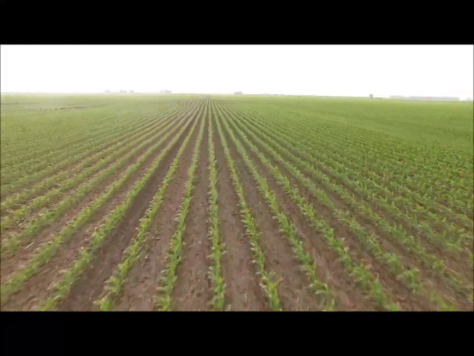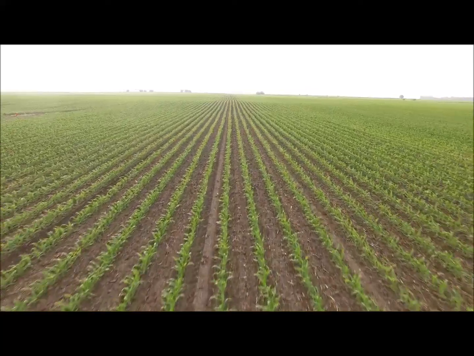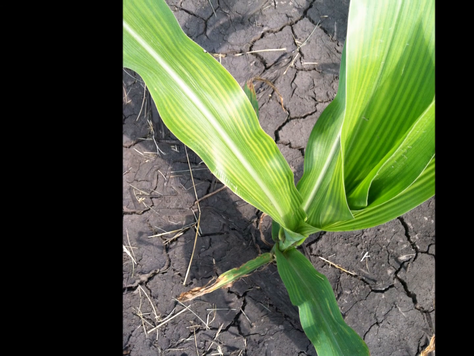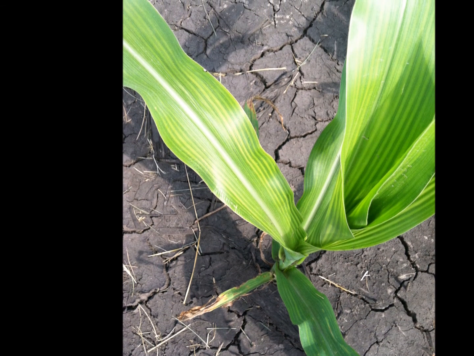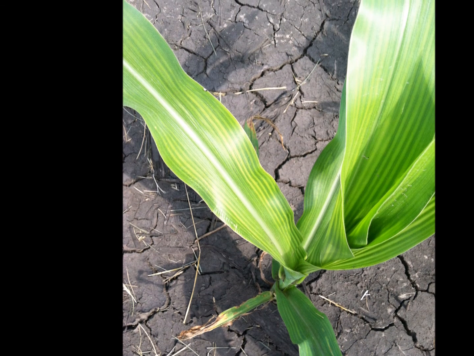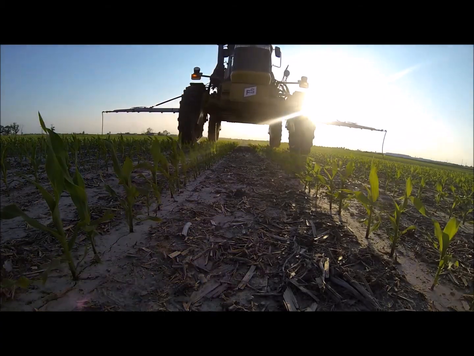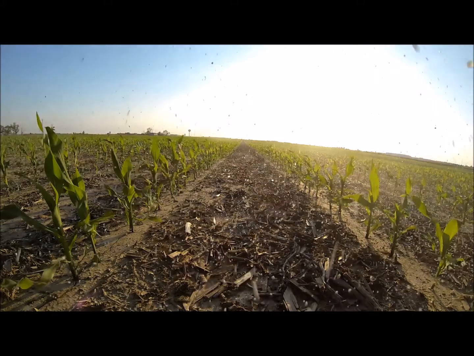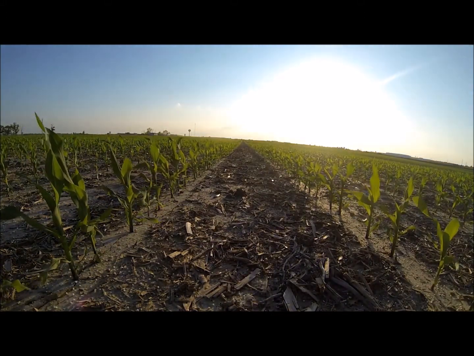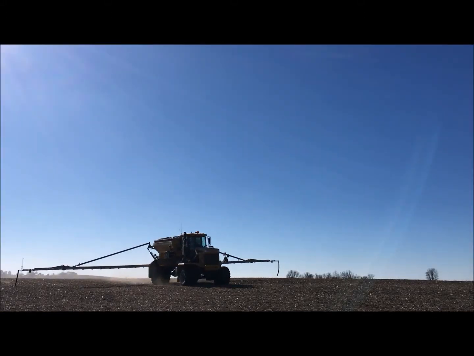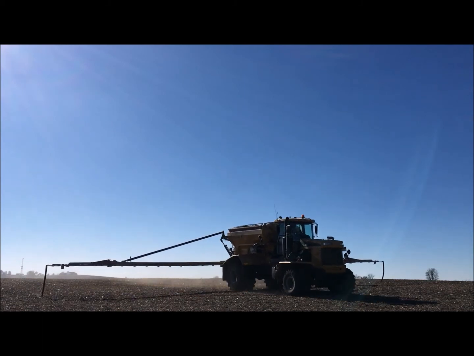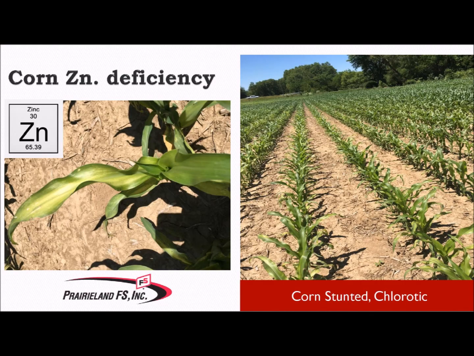So it's very important that sulfur be in sufficient supply, especially in those stress-related environments that we find with early planting. Lastly, sulfate, a divalent anion, can be leached from the root zone and can become positionally unavailable for the crop, especially when high rainfall events occur.